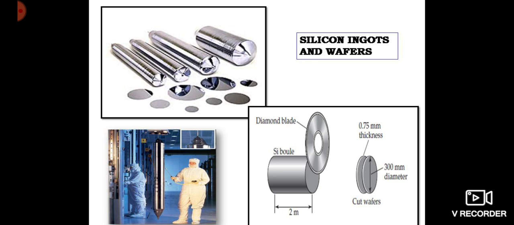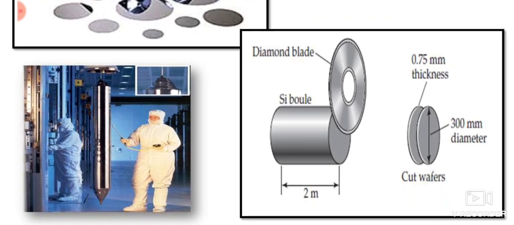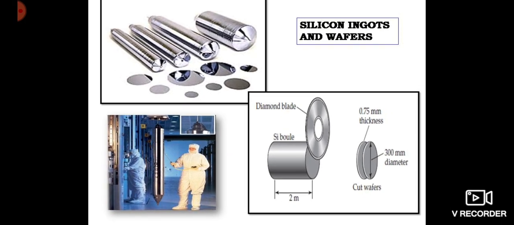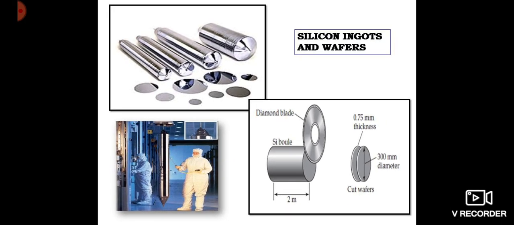The silicon boules are cut by using a diamond blade or cutter, which is also known as the diamond sawing technique, and they are sliced into circular pieces of diameter around 300 millimeter, though the diameter may vary depending on the application, that is, which type of IC we want to fabricate or where the IC will be used.